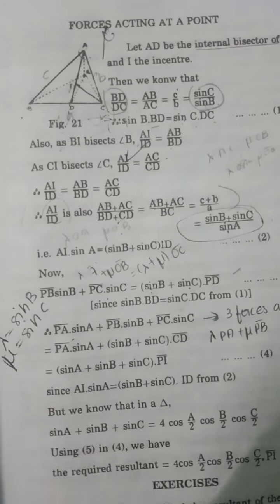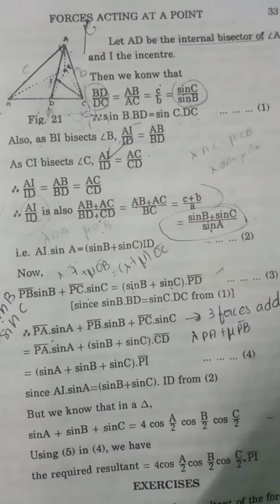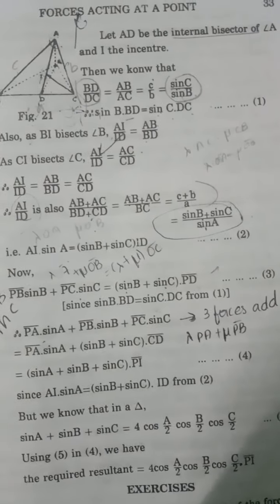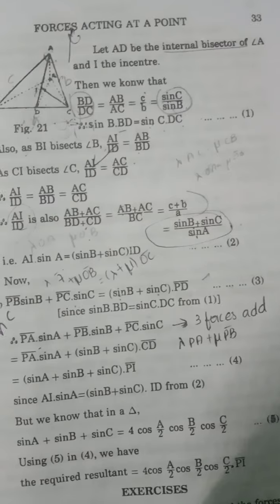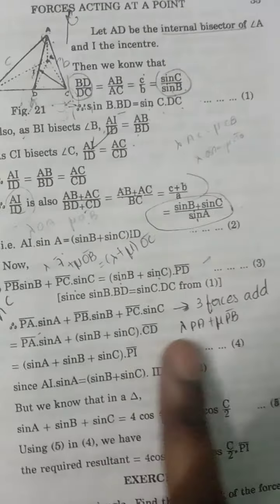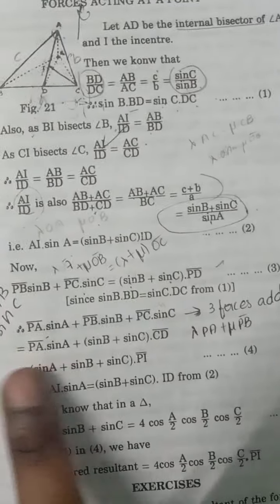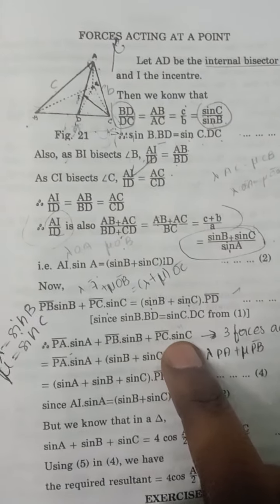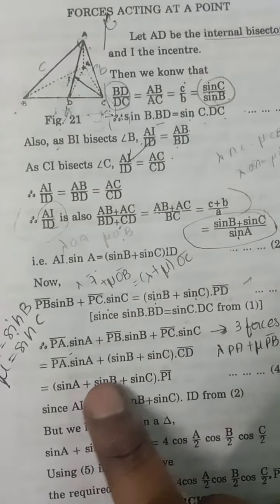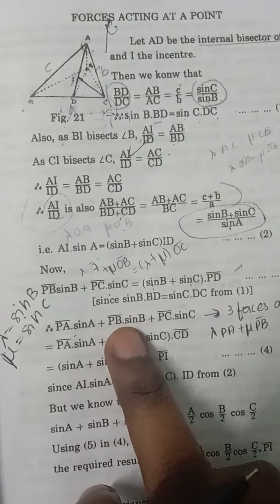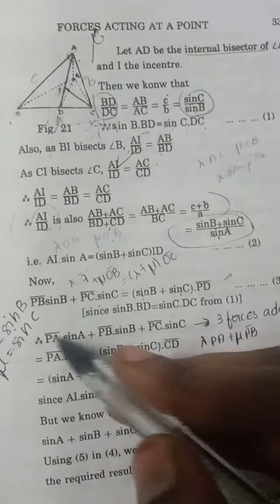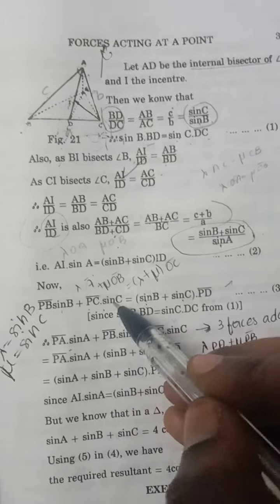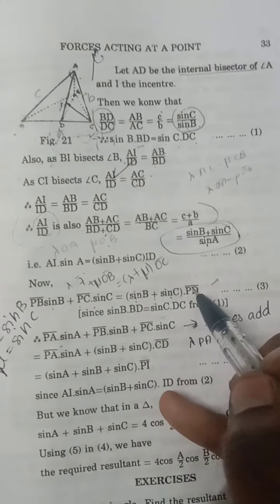We want to prove that the resultant of these is 4PI cos A/2 cos B/2 cos C/2. We have to add the three forces: PA sin A plus PB sin B plus PC sin C. From this term we know that PB sin B plus PC sin C equals sin B plus sin C times PD.